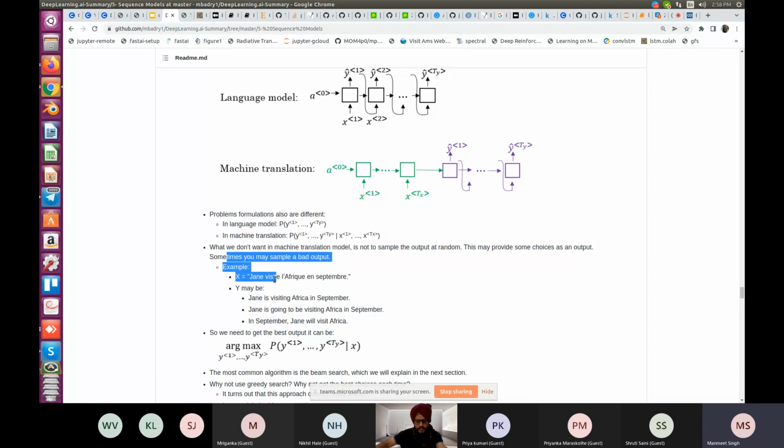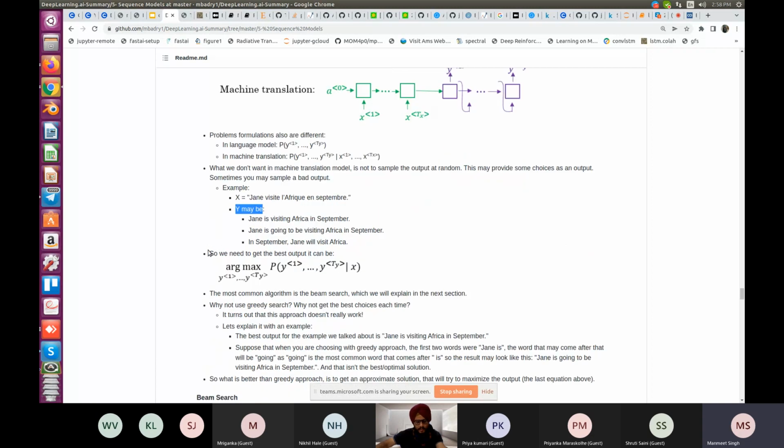For example, Jane visited l'Afrique en septembre, and maybe the output says Jane is visiting Africa in September. We need to give the best output it can be. So you give this input X and you have to give the best possible output.